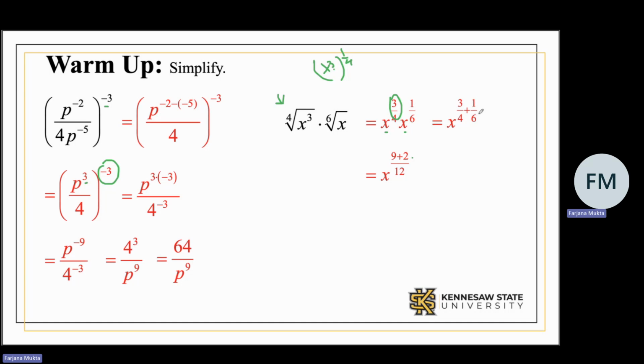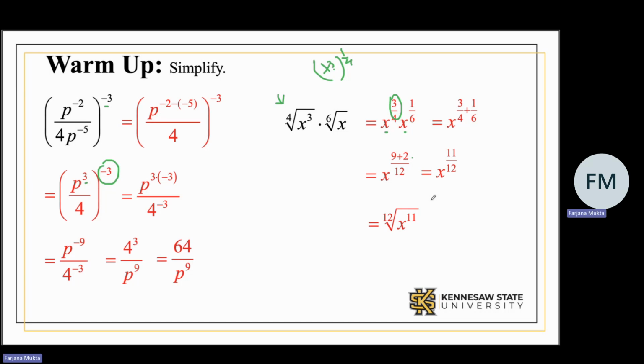For the second fraction, we'll multiply both the numerator and denominator by 2. So we'll get 9 plus 2 on the top divided by 12, which is 11 over 12. x raised to 11 over 12 is the simplification of this expression. All right?